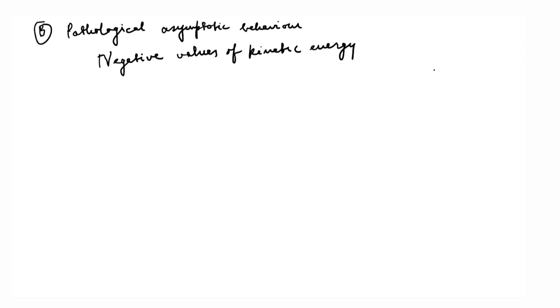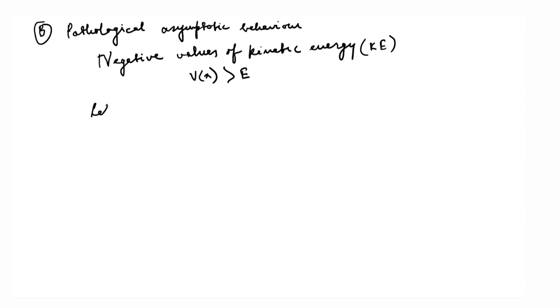So when is this possible? This is possible when the potential at a given point x is greater than the energy of the particle. Let me explain by taking a simple example.